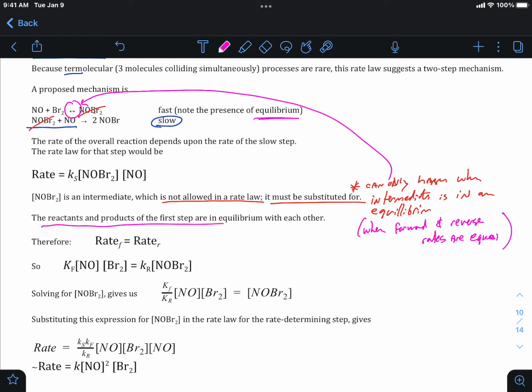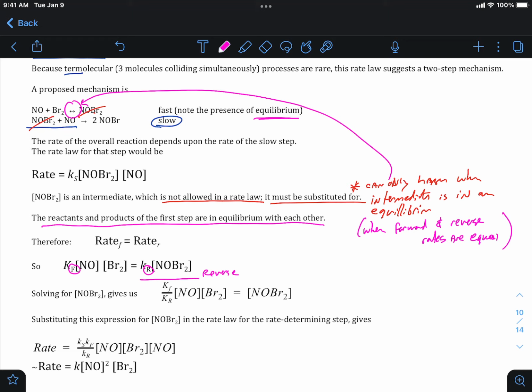So that means the rate laws would be equal to each other. This represents the rate law for forward. This represents the rate law for reverse. If that's true, then we can equate the rate laws to each other. We just described what the rate law for the forward reaction would be. This is this one right here. Forward. This is what the reverse reaction rate law would be.